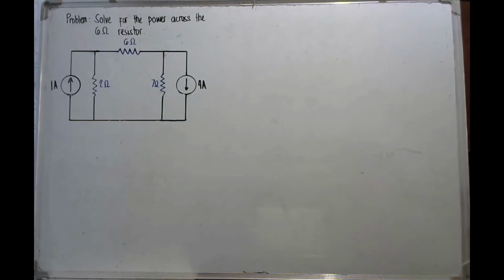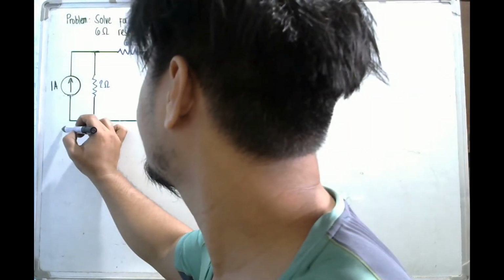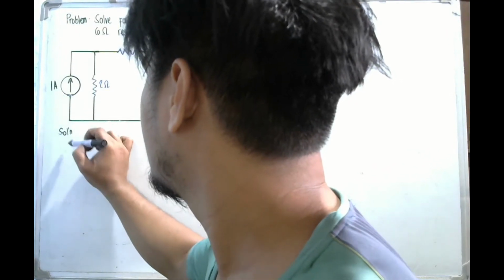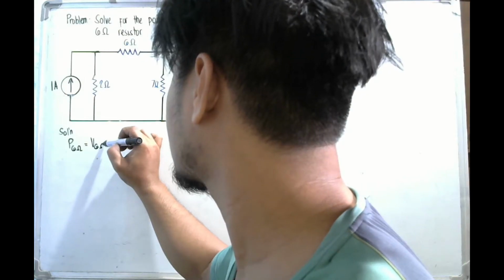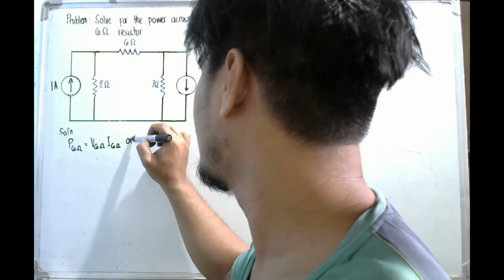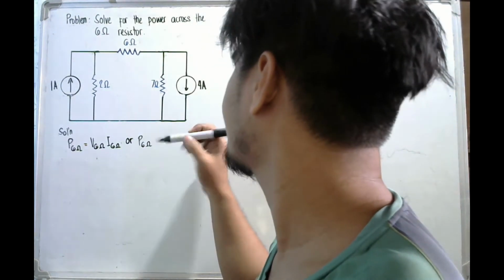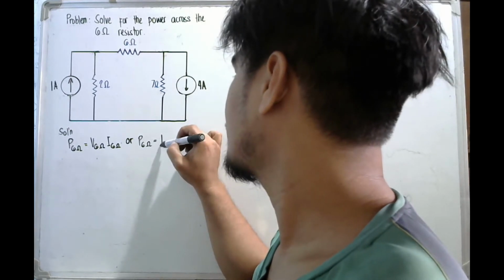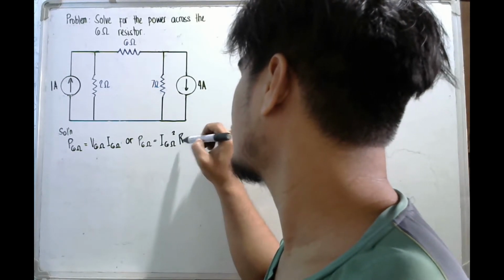The power across your 6 ohms resistor is equal to the voltage at your 6 ohms resistor times the current at your 6 ohms resistor, which is also equal to the current at your 6 ohms resistor squared times the 6 ohms resistor.